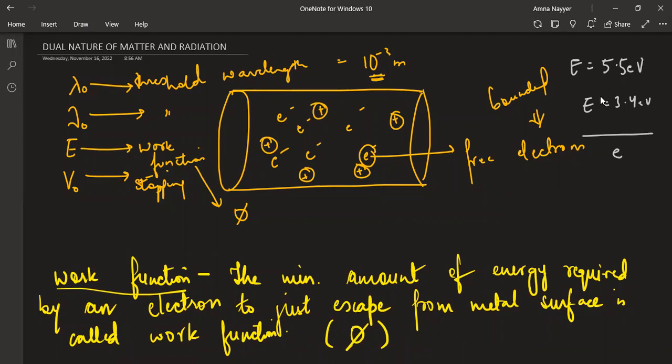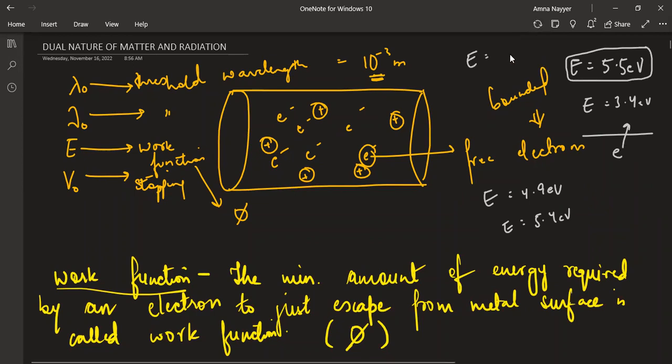Then you increase the energy to, let's say, 4.9 electron volt. Still the electron is not getting ejected. Then you increase the energy to 5.4 electron volt. Still the electron is not getting ejected. But as soon as you step up to 5.5 electron volt, you notice the electron is getting ejected.